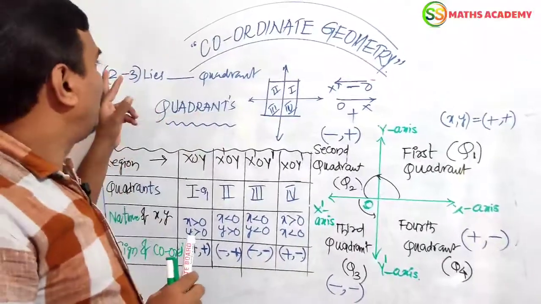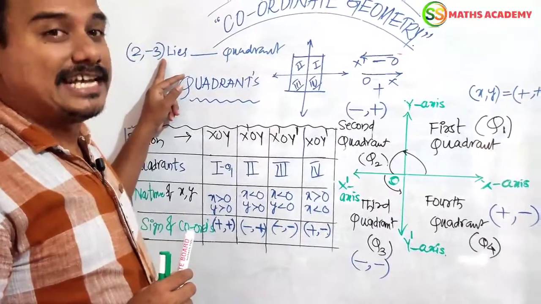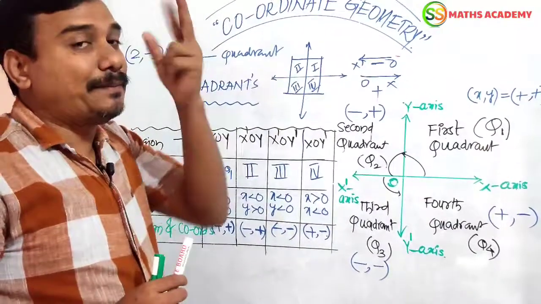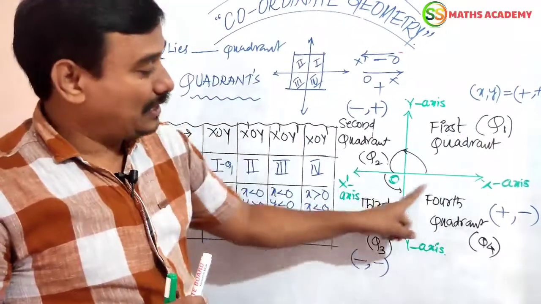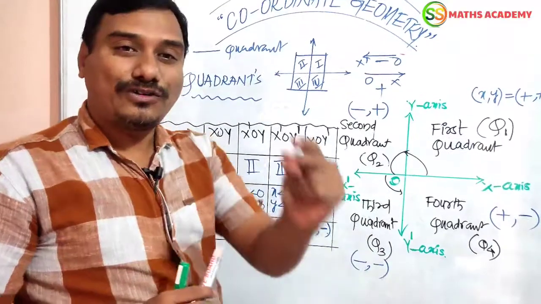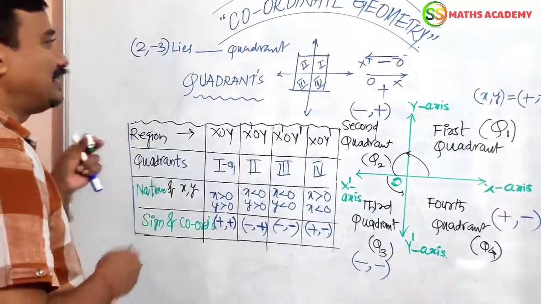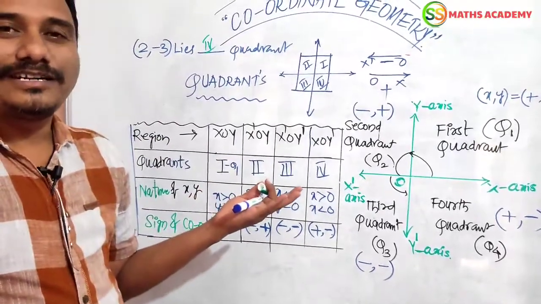Idea: 2 means positive, 3 has a negative sign. Plus minus. OX is plus, OY' is minus. Plus minus. Which quadrant? Fourth quadrant. Your answer is fourth quadrant.